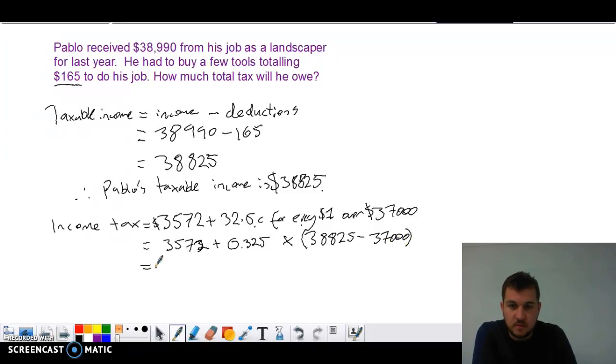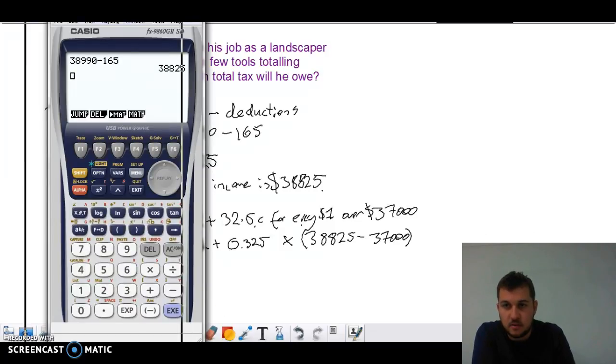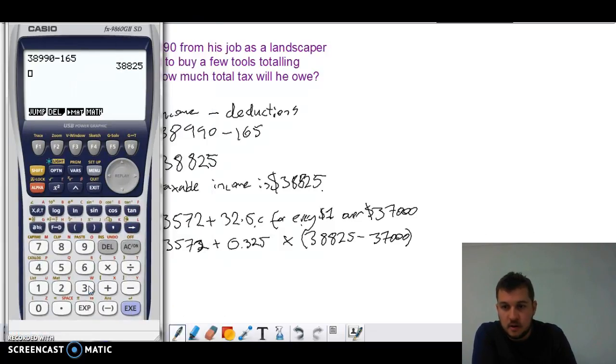Plug that into the calculator: 3,572 plus 0.325 times 38,825 take 37,000.